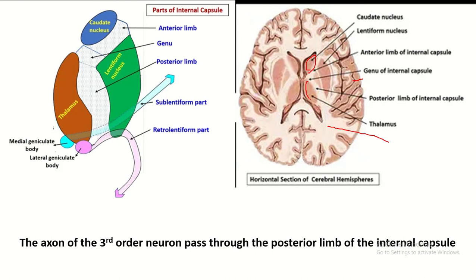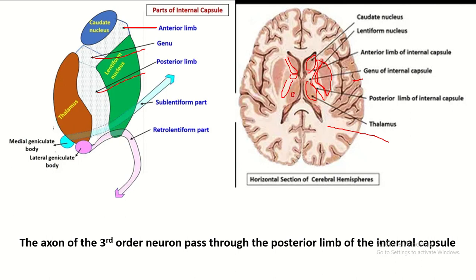This is the thalamus, both are situated medially, and laterally this is the lentiform nucleus. In between, this is the internal capsule. The internal capsule has parts: anterior limb, genu, posterior limb. So this is the anterior limb, this is the genu, this is the posterior limb.